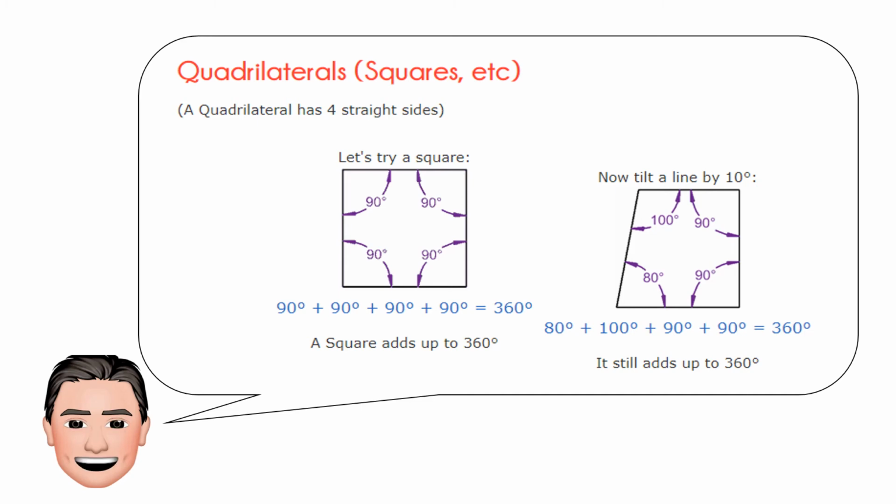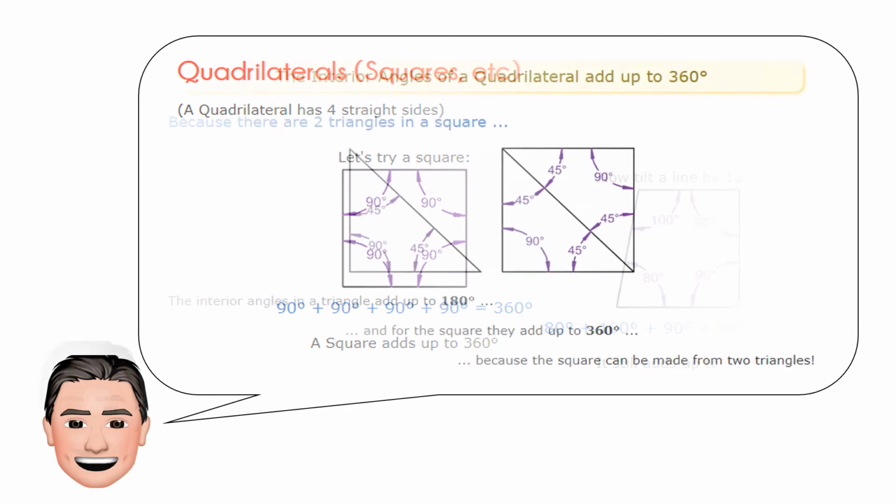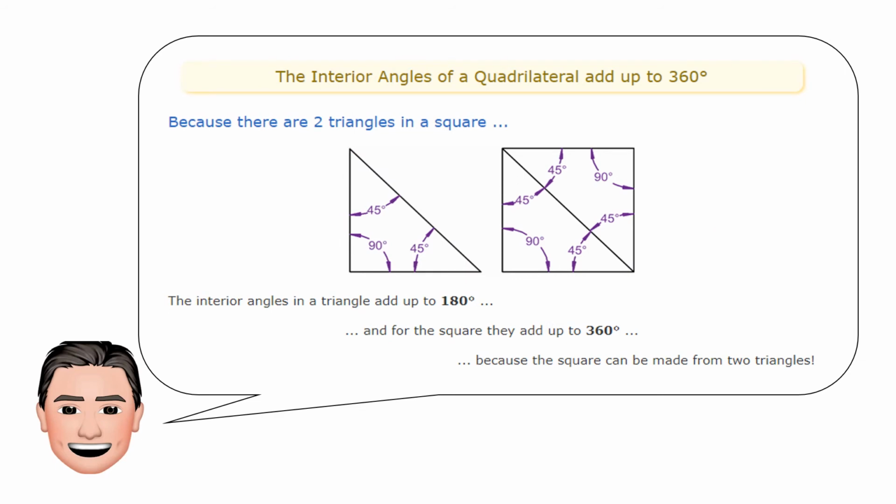Now tilt a line by 10 degrees: 80 degrees plus 100 degrees plus 90 degrees plus 90 degrees equals 360 degrees. It still adds up to 360 degrees. The interior angles of a quadrilateral add up to 360 degrees.